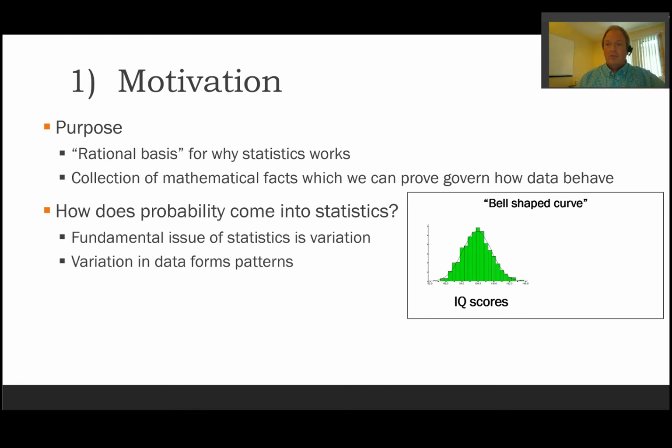So for example, if we're looking at the results of standardized test scores, IQ, SAT, ACT, they tend to have this nice bell-shaped curve. And notice what we mean by pattern. In the last module, we talked about how we were trying to fit this chunky histogram from the sample data to this nice smooth curve.